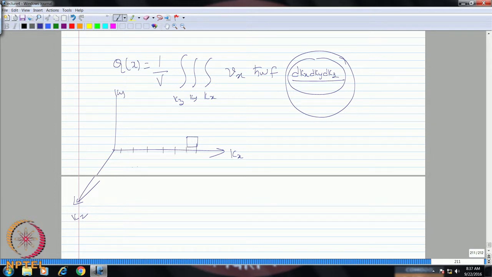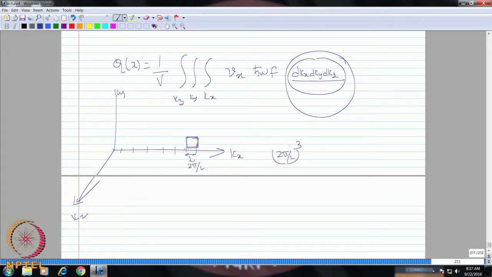You can break this down into smaller scale such that the minimum length of this will be equal to 2 pi by L. Okay. So, the volume of each of these unit subcells in the space of kx, ky, kz will be 2 pi by L the whole cube. Okay. This concept we used in defining the density of states, right.